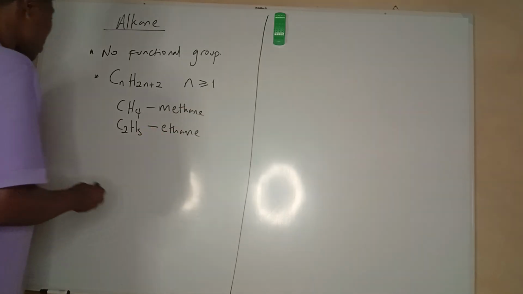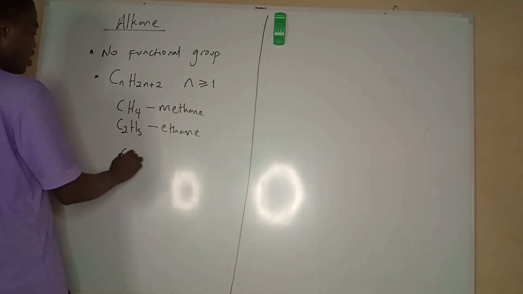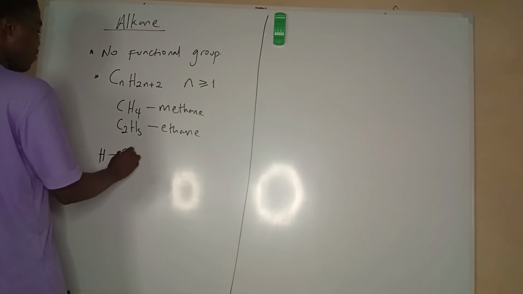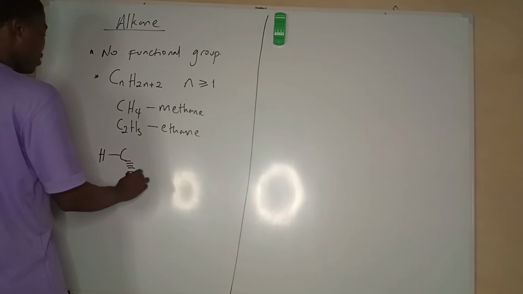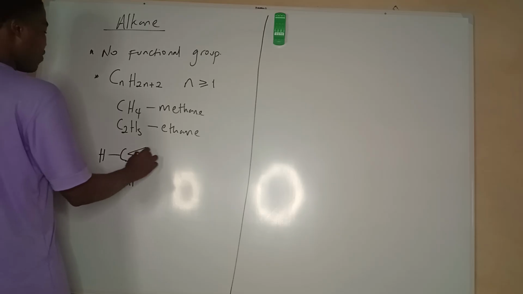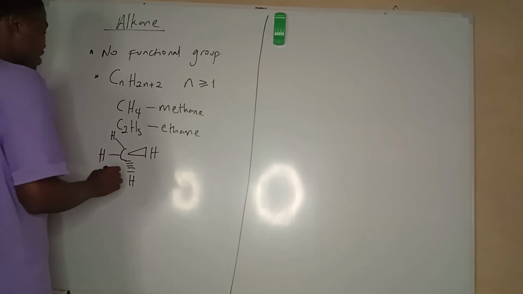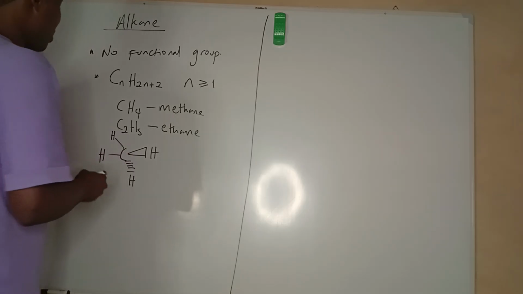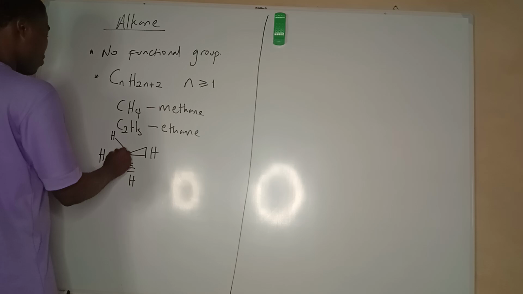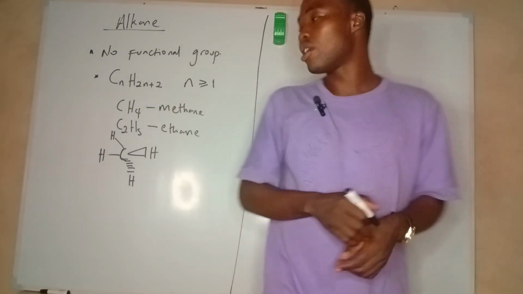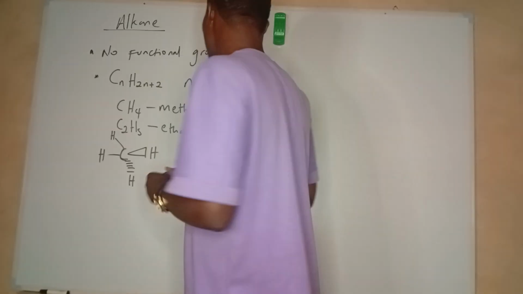The alkanes basically in their three-dimensional structure have what we call a tetrahedral geometry. Each carbon is arranged such that the atoms surrounding the carbon atom in an alkane are tetrahedral in geometry. So this is what we mean by tetrahedral geometry.